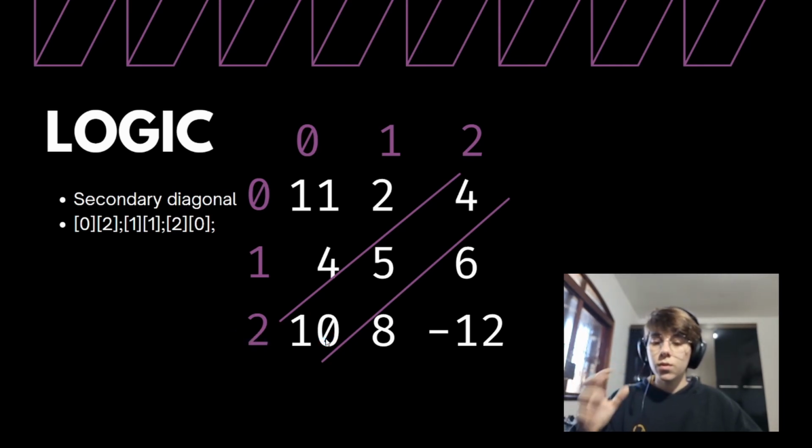Just do a calculation to solve the problem. I have length equal to 3. If I have length equal to 3 and I do a minus 1, I find 2. And here, if I do the same thing, 3 minus 1, I have 2.